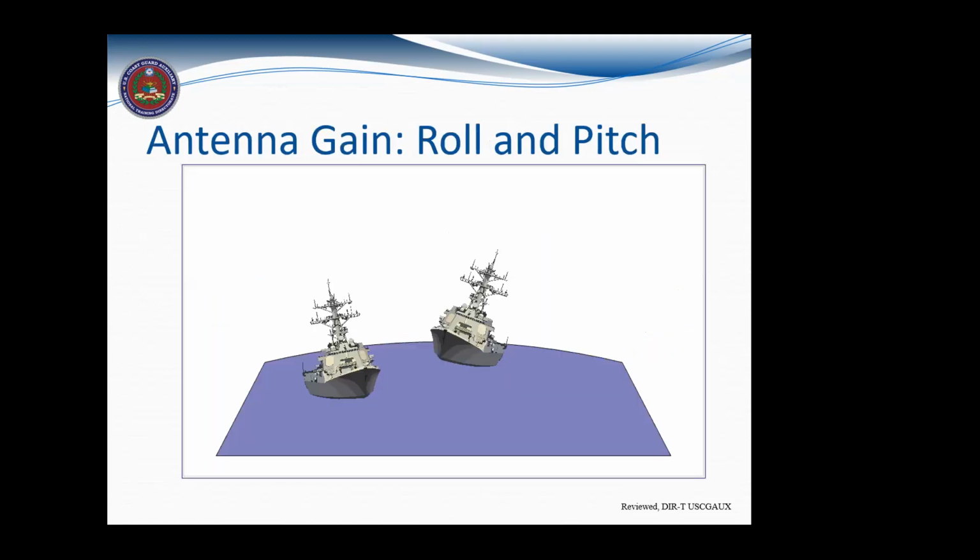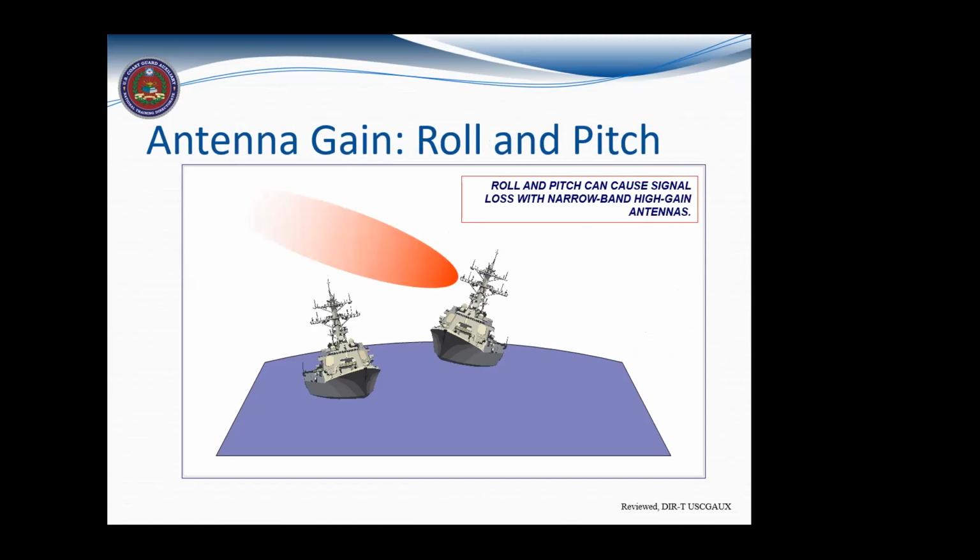Well, the reason is sometimes you don't want that much focus, because if your boat is not perfectly still and your mast is not perfectly vertical, if your signal is focused perpendicular to the mast, your signal may be shooting over or hitting the water before you get to the station you want to talk to.